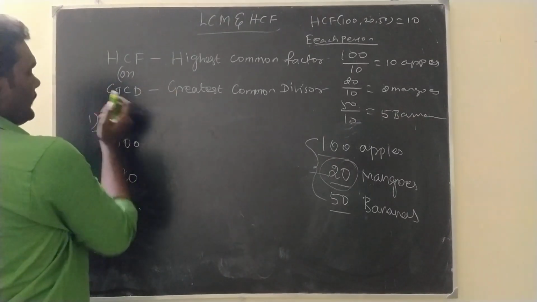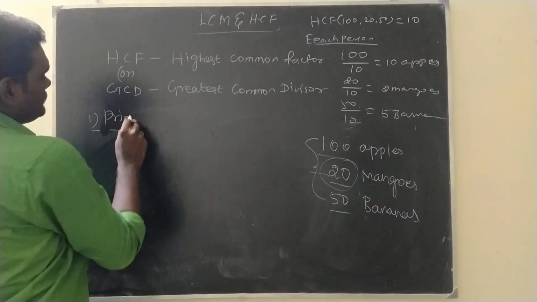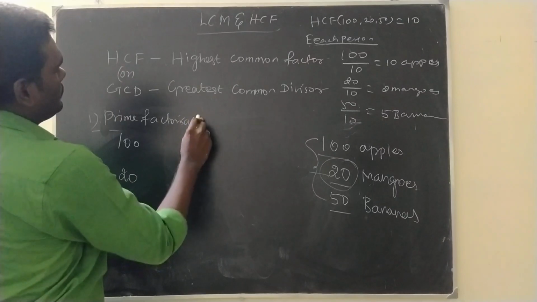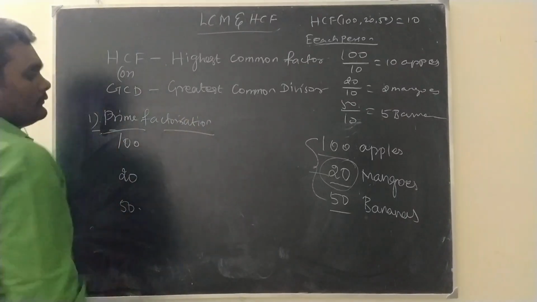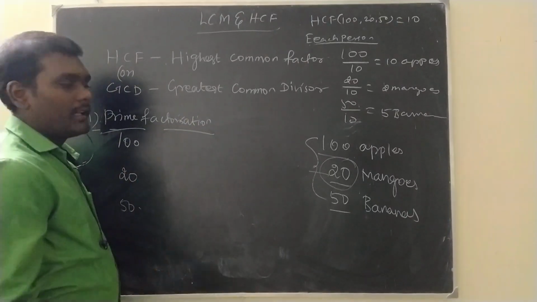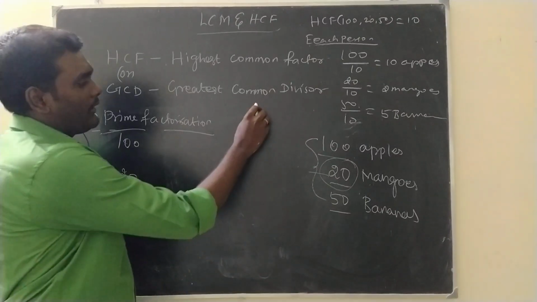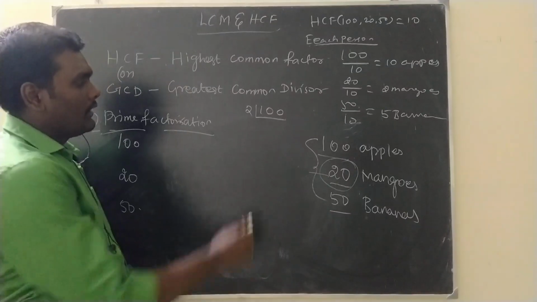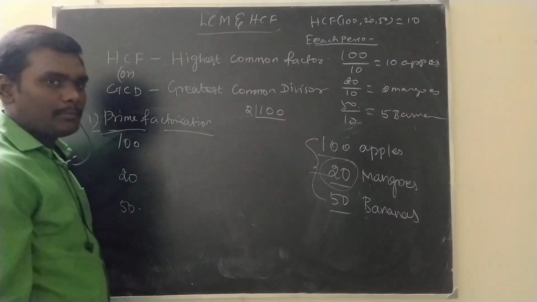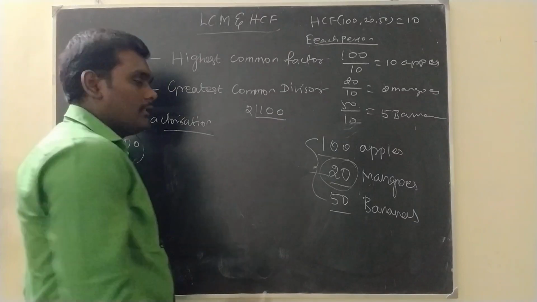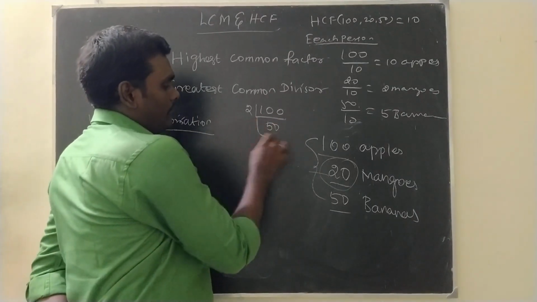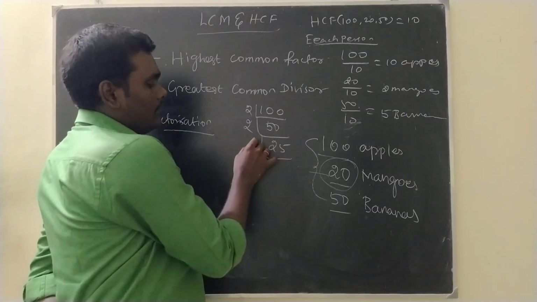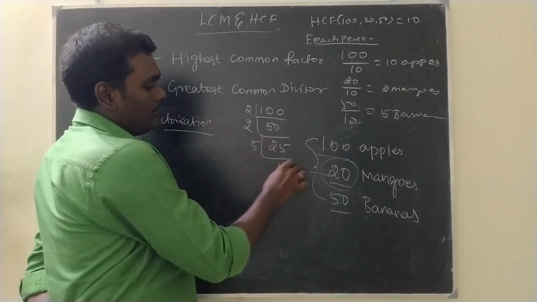You see, prime factorization. Represent this 100 as a product of primes. Can you say what is the prime factorization of 100? 2 is the least prime number that can divide 100. So we have 50, then again 2, we have 25, then 5, 5.